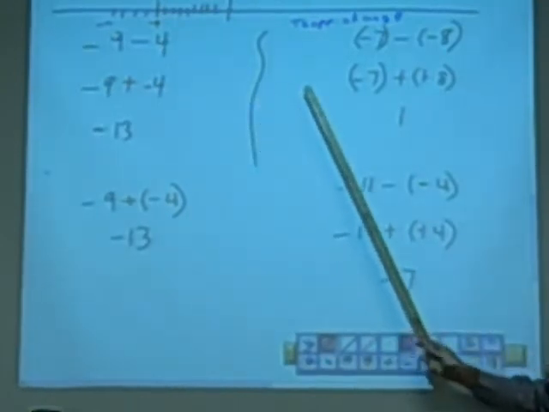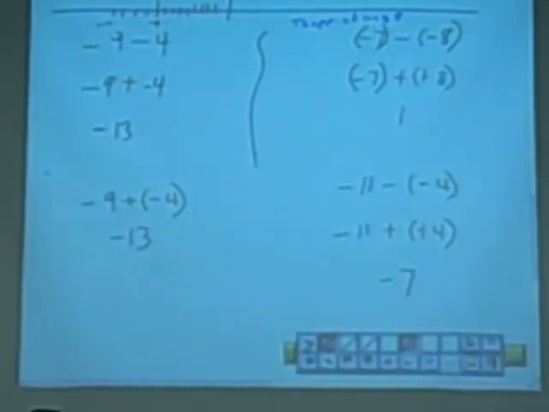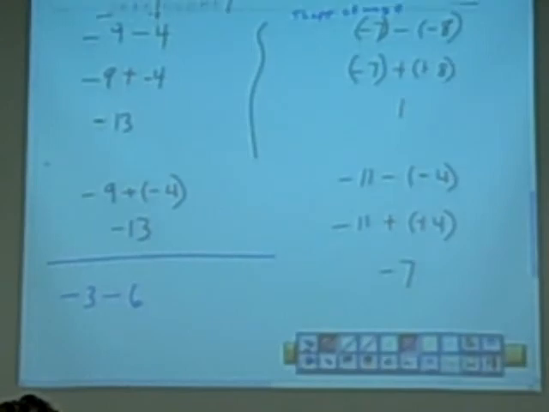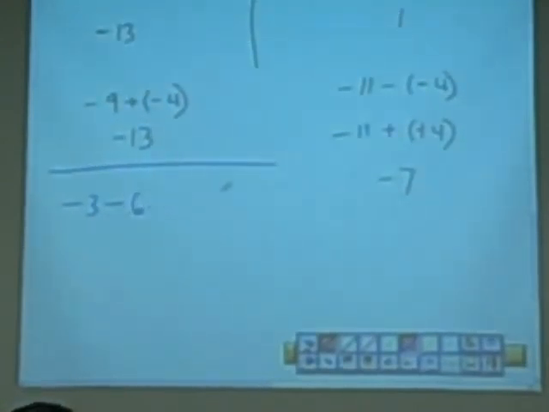What if it was just negative 3, negative 6? Negative 3, negative 6, alright. So you would go on and add, because you're going farther into the negative. Because see, here's 0.